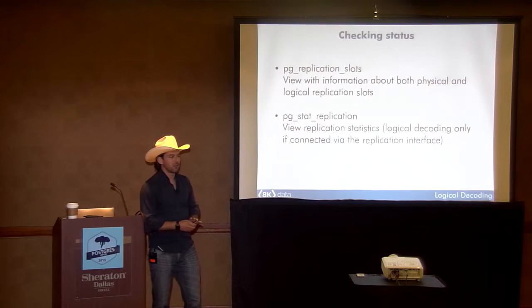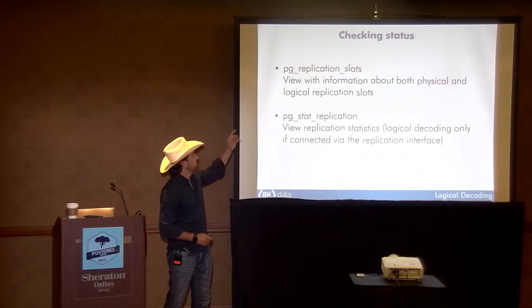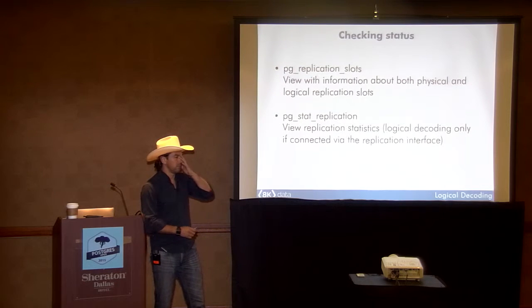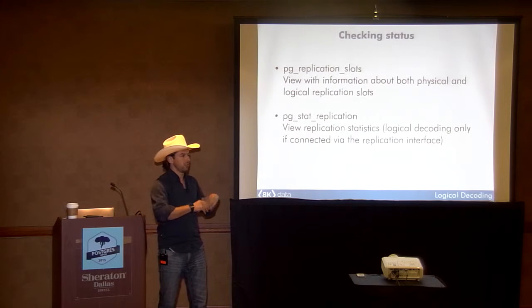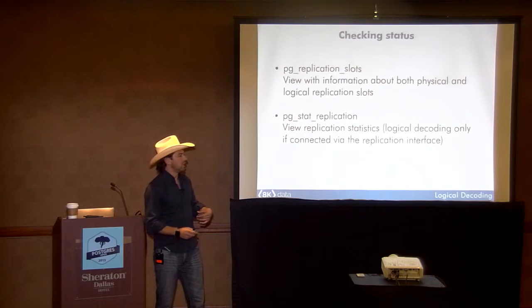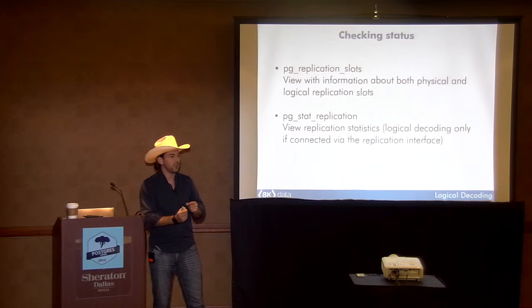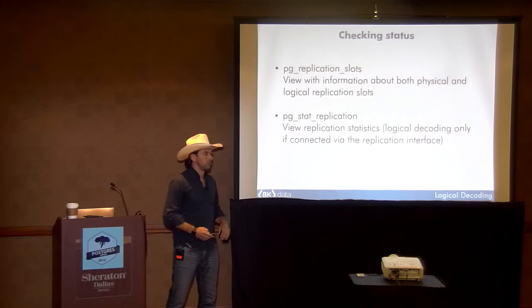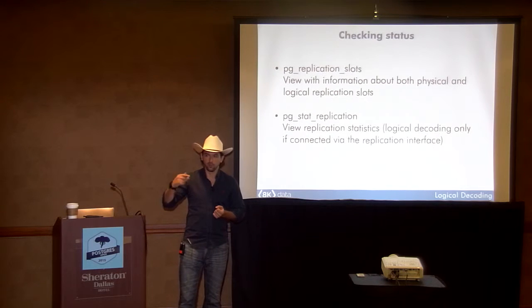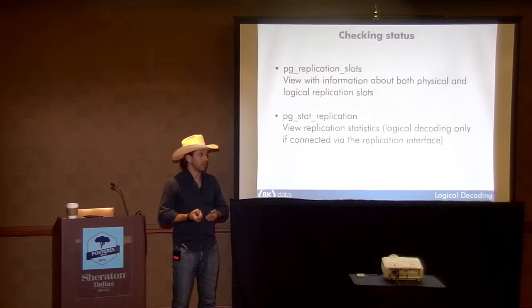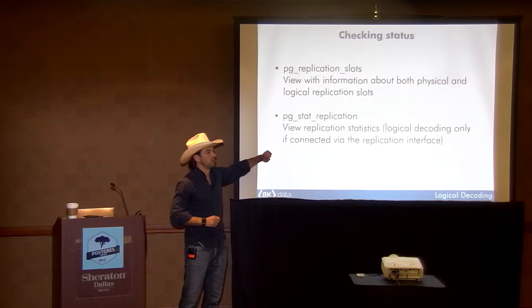There are a couple of views that are relevant to logical decoding. The first one is pg_replication_slots. It's going to give you which replication slots are available, which position they are on, and which plugin is used. If you're going through the replication interface, you also have pg_stat_replication, which gives general information about replication. As long as logical decoding can be consumed via the replication interface, you'll find relevant information here too.